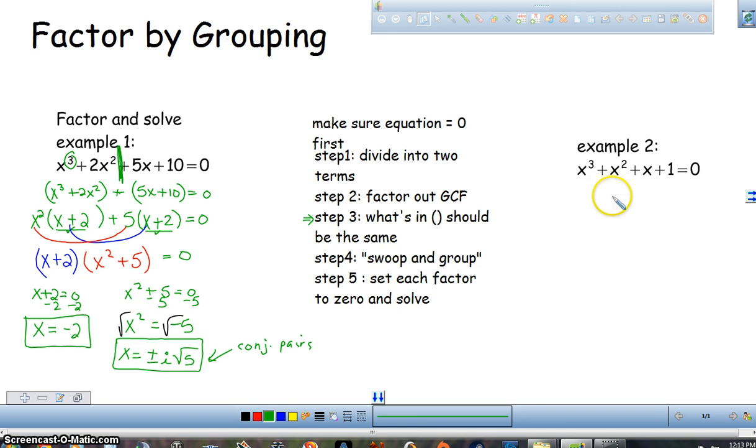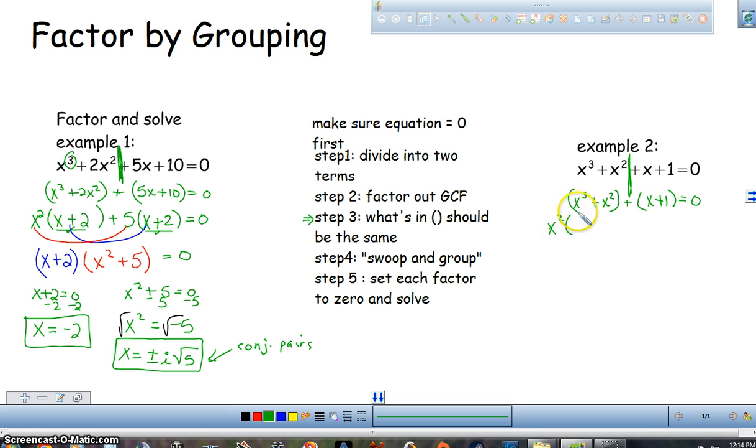Alright, example 2. Again, we're going to divide these. And what's the greatest common factor that you could bring out? An x squared.